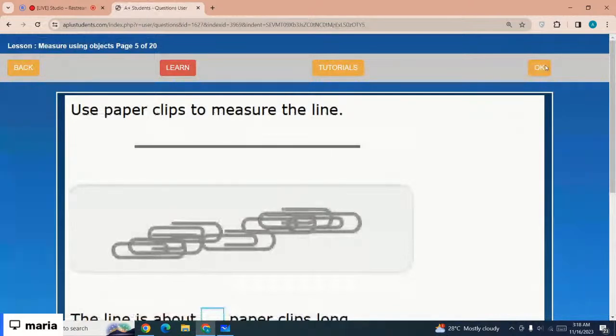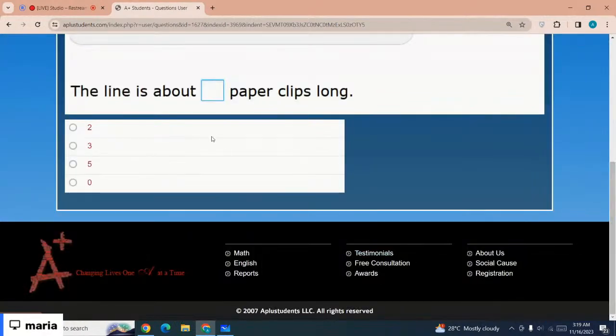Use paper clips to measure the line, which is the correct option. I think that would be 5 paper clips long.